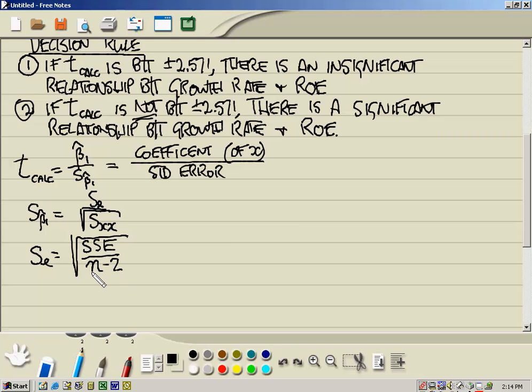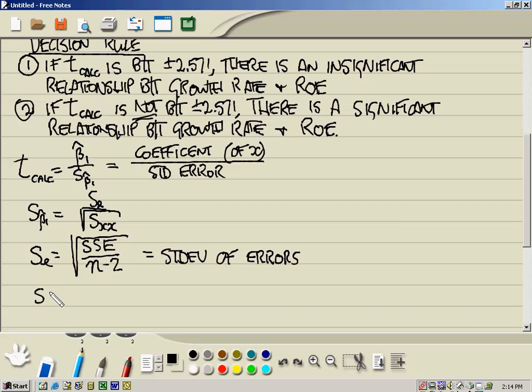I said in the last class or so that every estimated variance is the appropriate sum of squares divided by the appropriate degrees of freedom. So under the square root sign we have this variance, take the square root and we get the standard deviation. So this is the standard deviation of the errors, the errors being the distance between the points and the line.